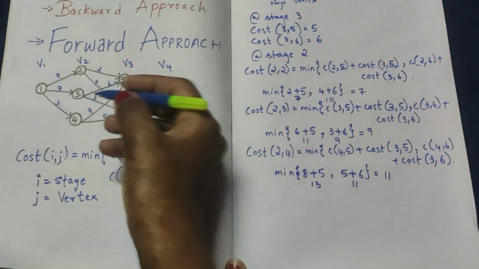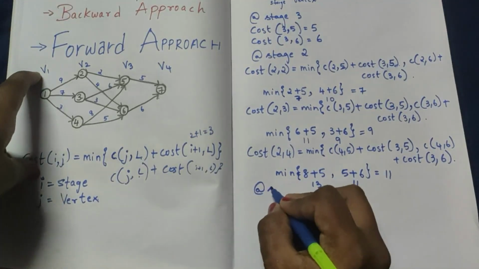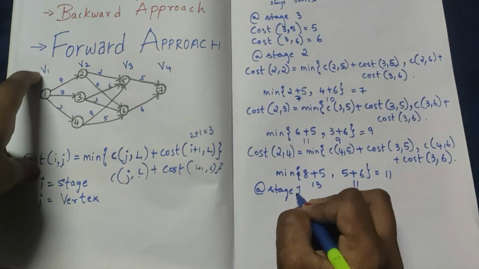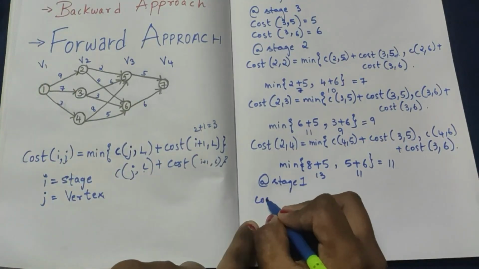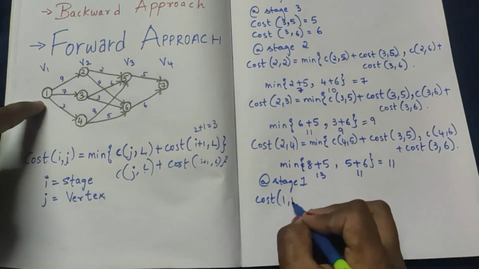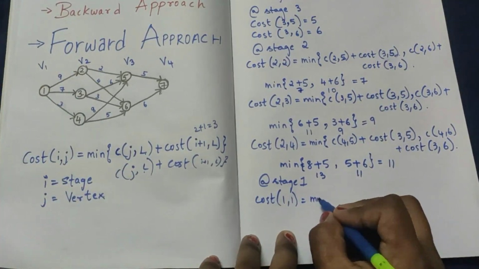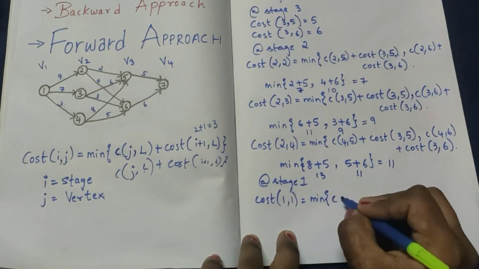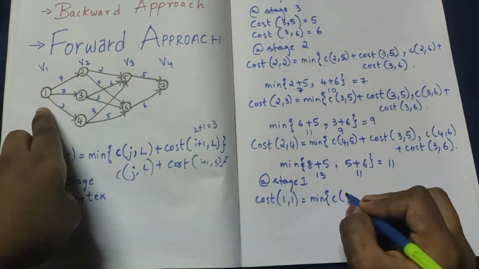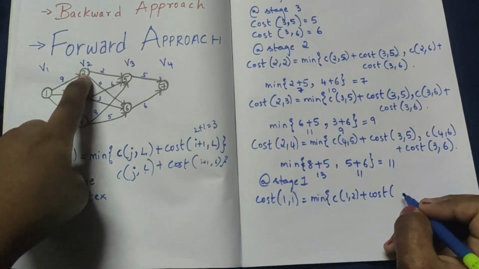Now we are done with the second stage, so we'll be going to the last stage. So at stage 1, the cost of stage 1 node or vertex 1. So here we have 3 arrows, so we need to find out the minimum value for all those 3. So C of 1, 2 plus the cost of 2, 2.